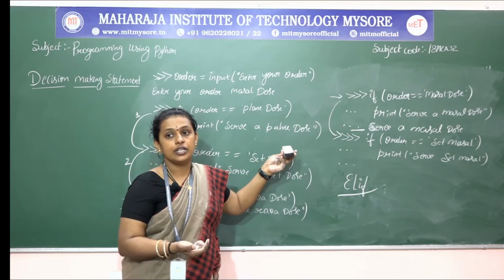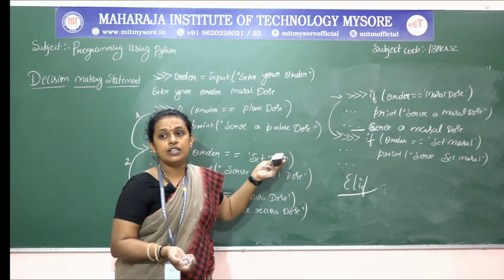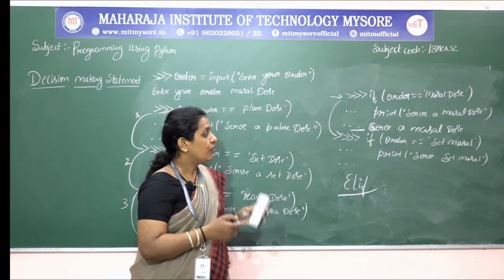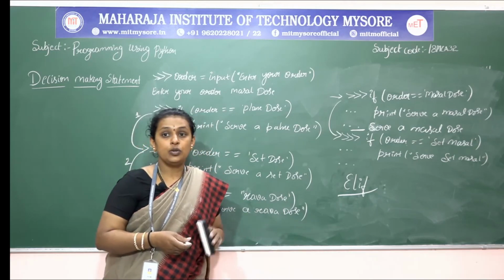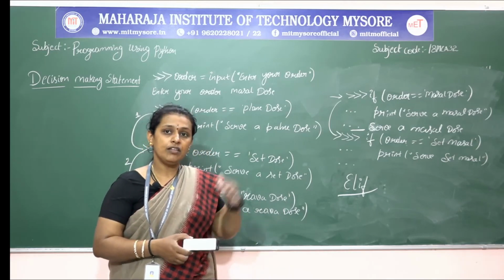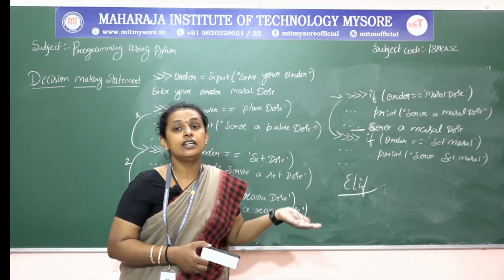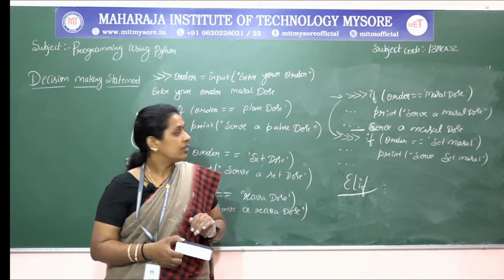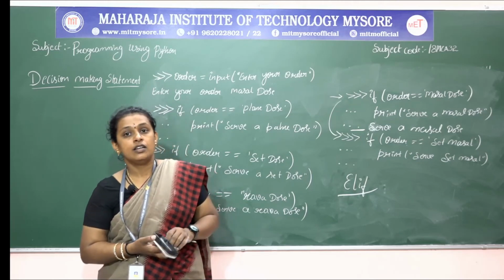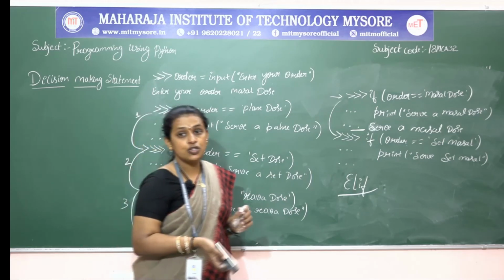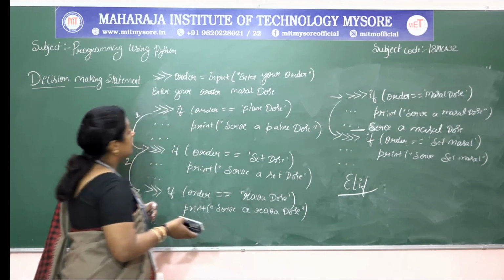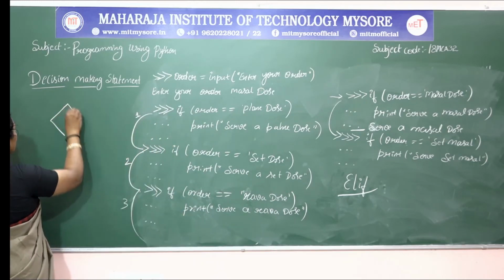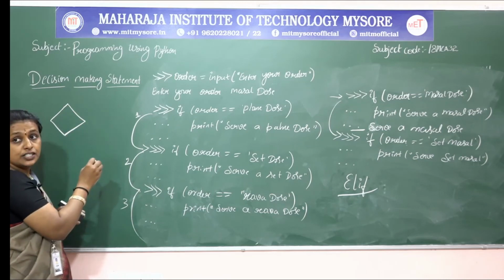So what is the difference between if-else and if? With respect to if-else, when the previous if condition is false, then the immediate next one gets evaluated. Okay, let us go with the flow chart of this if-else. This is the condition.